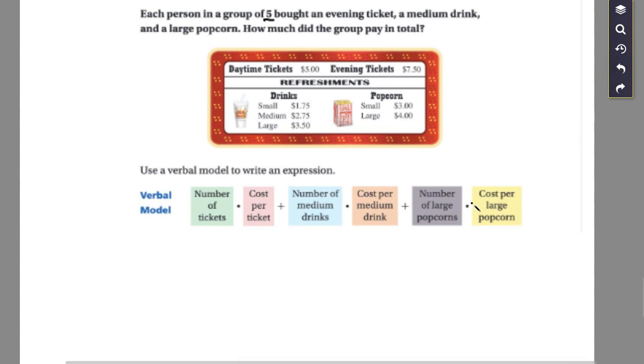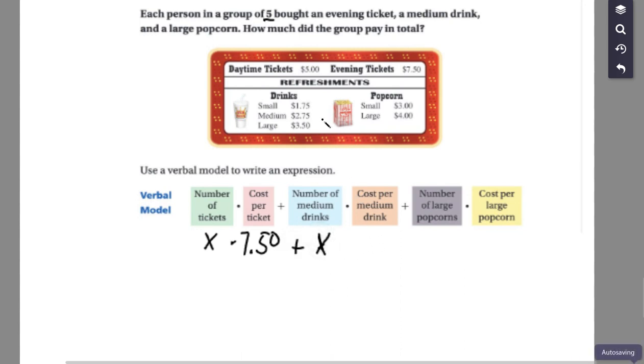So we're going to evaluate this as if we're going to write an equation to be able to get this and solve it in case we want to change the number of people. Okay, so the number of tickets, we don't know. Let's say it's X, but we do know the cost per evening ticket is $7.50. And then the number of medium drinks, let's call that X. How much does a medium drink cost?